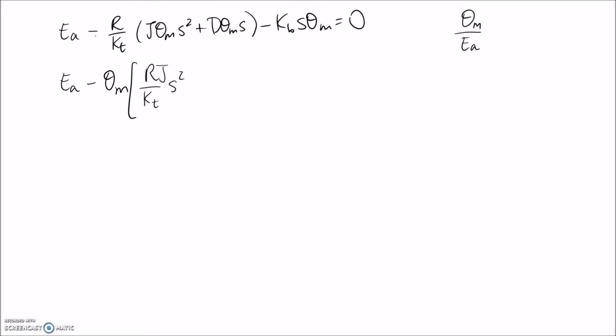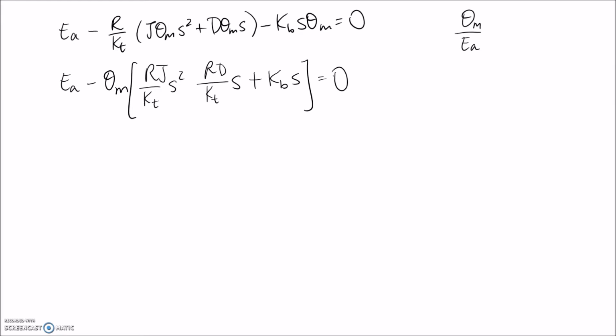I'm going to take out theta m, so I'm going to be left with R on KT. I'm going to have a D on the top line, and s. And taking out theta m again, this time I've got a negative as well, so inside the bracket it should be a plus. KB s is equal to 0.